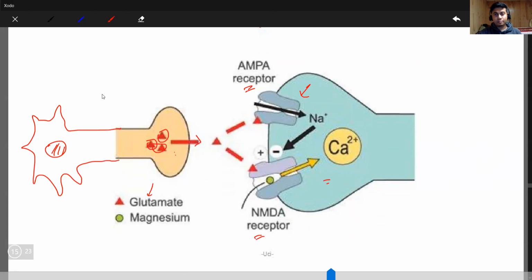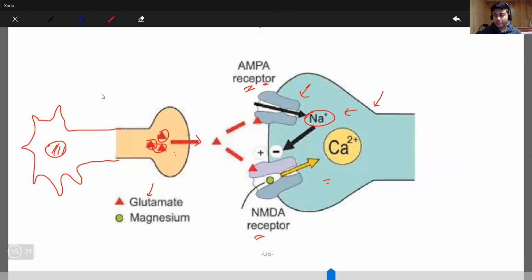Stimulation of the AMPA receptor by glutamate leads to increased sodium influx inside that nerve cell. Whenever the cell gets positive charge, the cell becomes depolarized and active. This way, glutamate is activating this nerve cell.